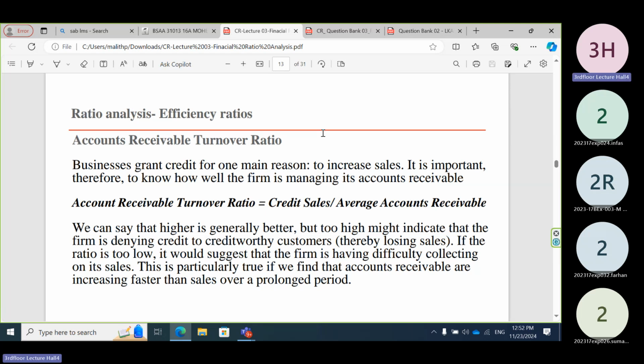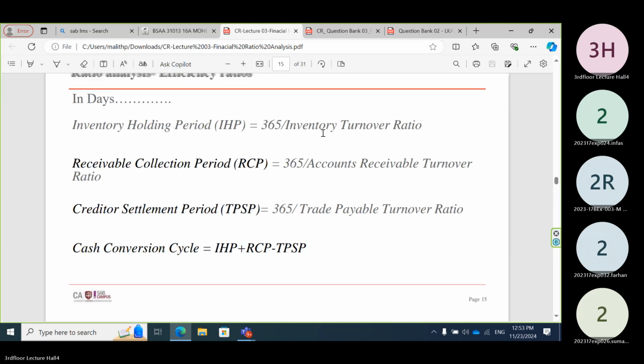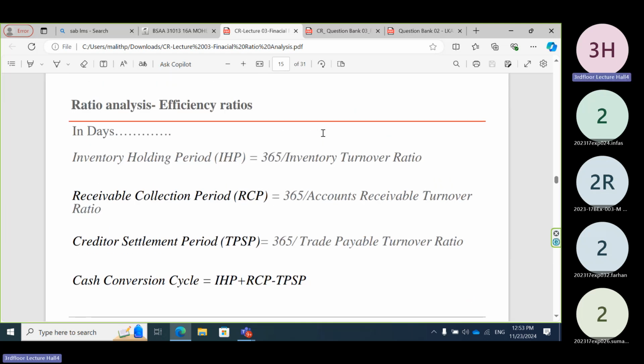And then we move to credit turnover. In parallel, we can calculate the receivable settlement period, or debtor settlement period. In other words, receivable collection period. How are we going to calculate that?